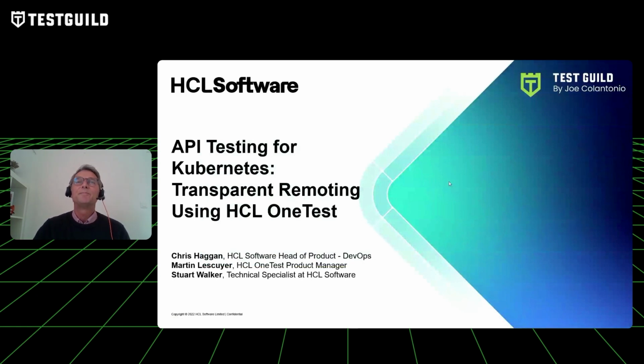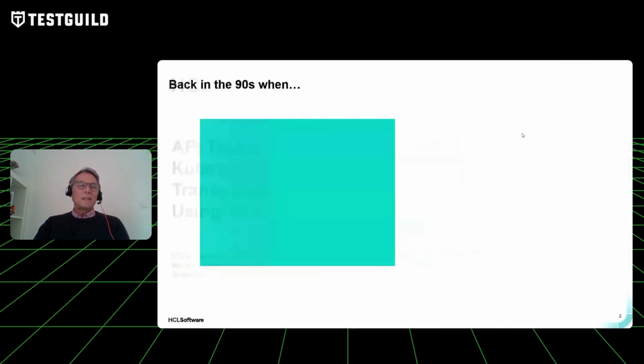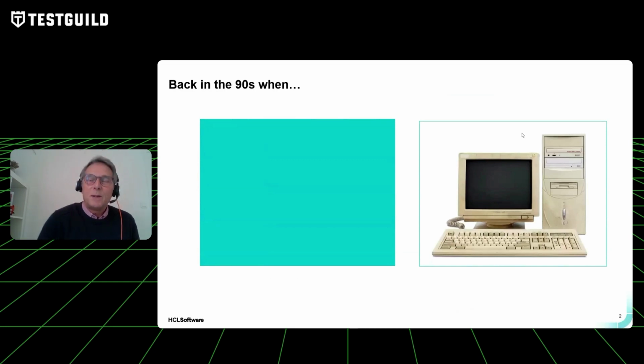All right. So let's go back a little bit to the 90s. What we were calling a computer looked something like this: a sort of dirty, ugly, white plastic box. Not very friendly, actually, but that's what we were doing things on.